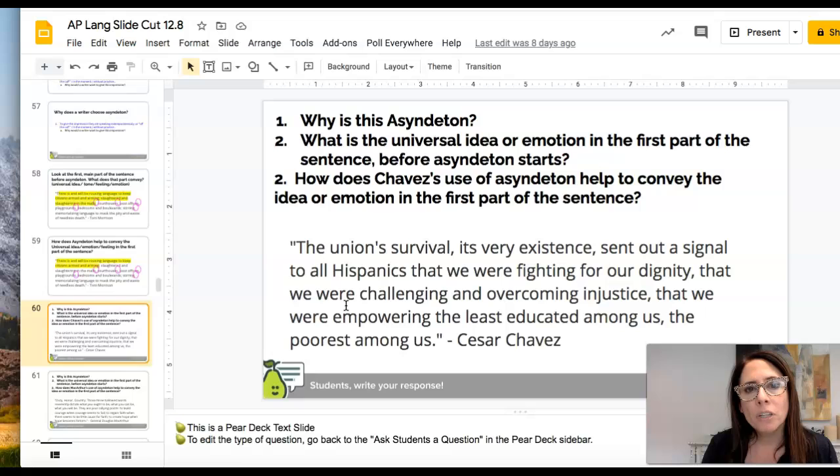So locate that universal idea, locate the emotion, put a name to it, and then locate your rhetorical device. And why do you think the writer is using it with that particular universal idea or abstract noun, or that emotion, and to what effect? Like, how does that create something new, and how does that impact the audience?